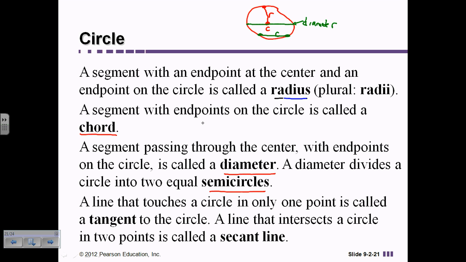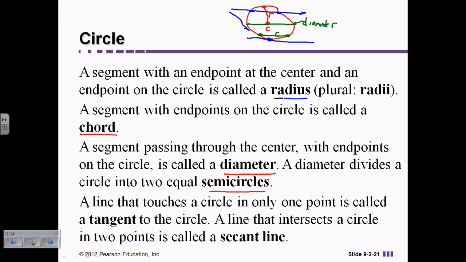A tangent is a line that is outside the circle that touches the circle at one point. It's a little bit harder to draw a tangent. Okay, so let's try again. A tangent is a line that touches the circle in one point. I've got a better picture on the next slide. And a secant is a line that goes through the circle and touches the circle at two points.